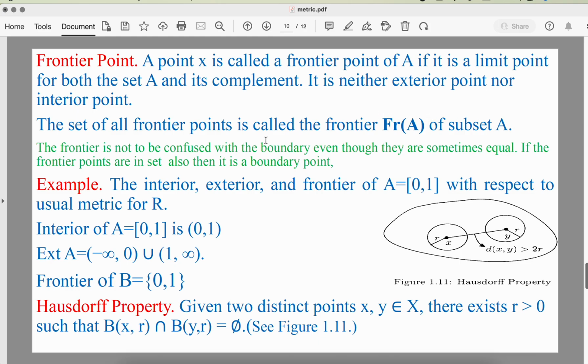The frontier is not to be confused with the boundary, as we have seen in some books, even though they are sometimes equal. If the frontier points are in the set also, then it is a boundary point. If the frontier point does not belong to the set, then it is not a boundary point, and we will write it only as a frontier point.